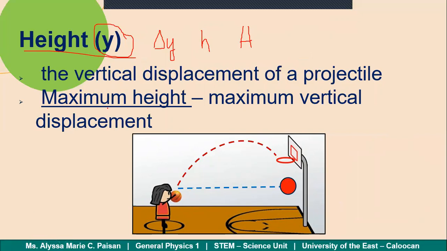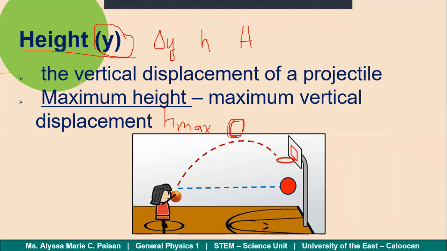So, kapag naka-maximum, ito, halimbawa, nandito yung bola mo sa pinakataas, you will be able to reach the maximum height. So, usually, we write the maximum height as h, and then max. Pero pwede na rin yung delta y. Okay? Pareho lang naman siya ng ibig sabihin, no?